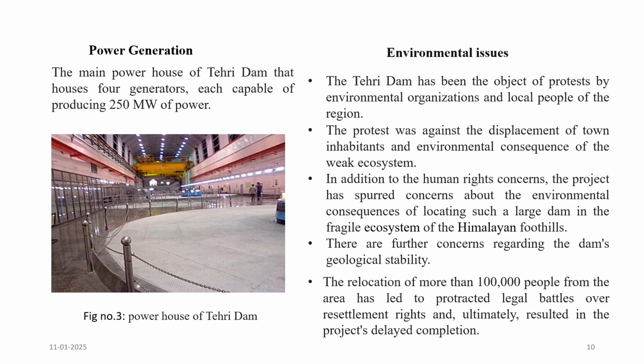Next is environmental issue. First point is the Tehri Dam has been the object of protest by environmental organizations and local people of the region. Next point is the protest was against the displacement of towns and inhabitants and the environmental consequences for the weak ecosystems.